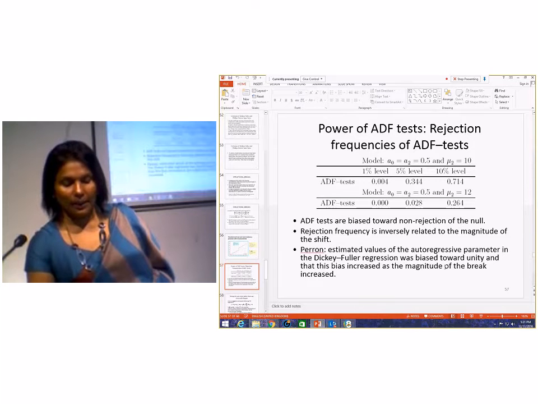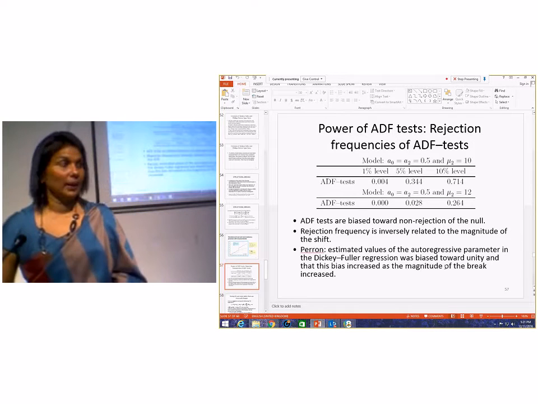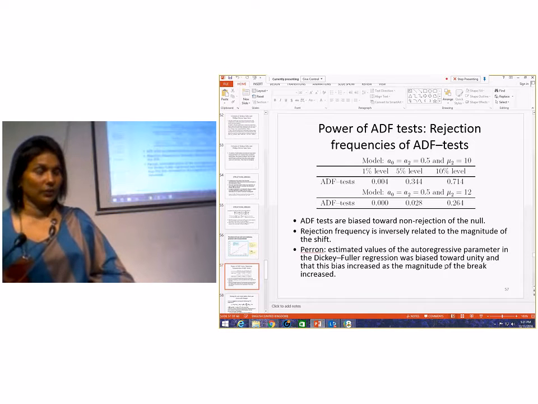Augmented Dickey-Fuller tests are biased towards non-rejection of the null, and the rejection frequency is inversely related to the magnitude of the shift.